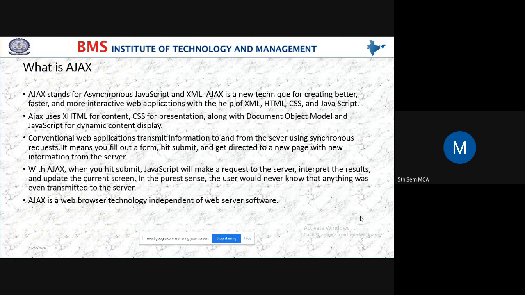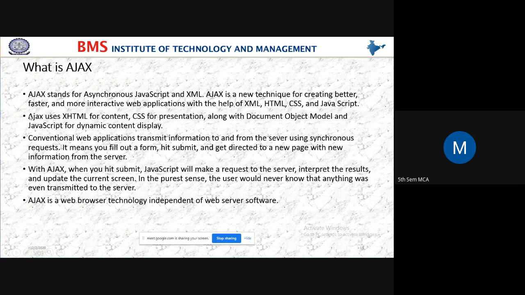So in the first point, what I am telling is AJAX is a new technology used to create better, faster, and more attractive web applications with the help of XML, HTML, CSS, and JavaScript.